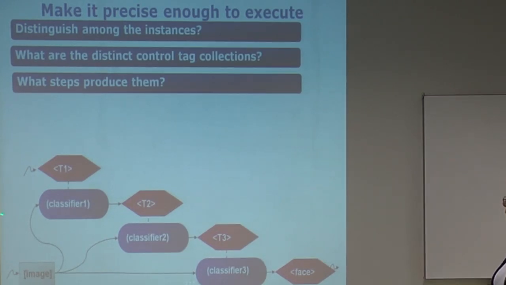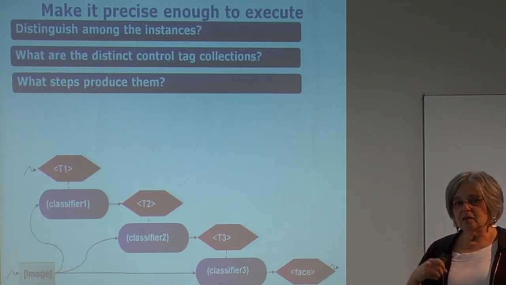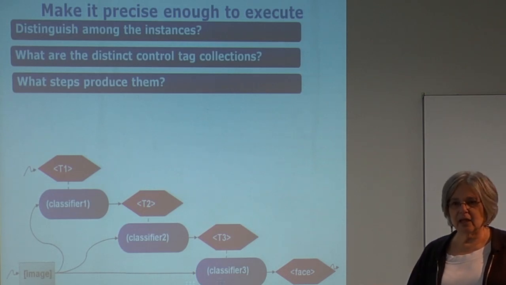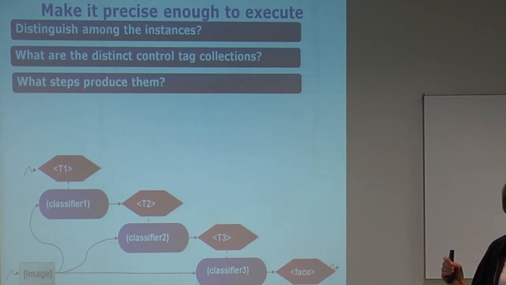For any window in any frame that classifier 1 checks, it may or may not put out its own tag. So if it gets in frame 7, window 38, then it may or may not put out 7,38, but it won't put out anything else.